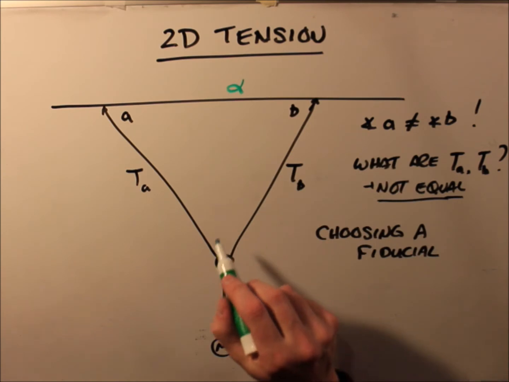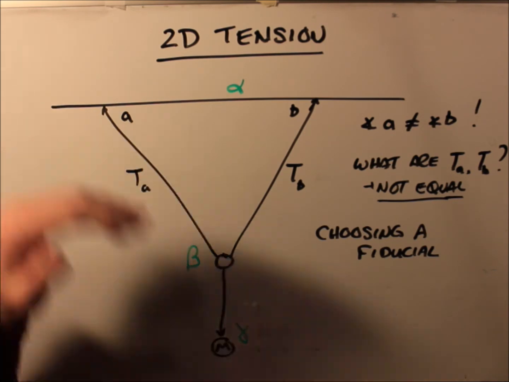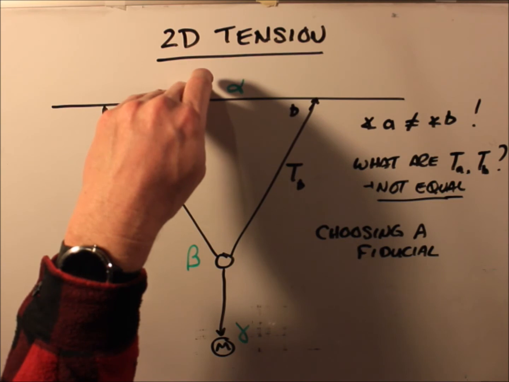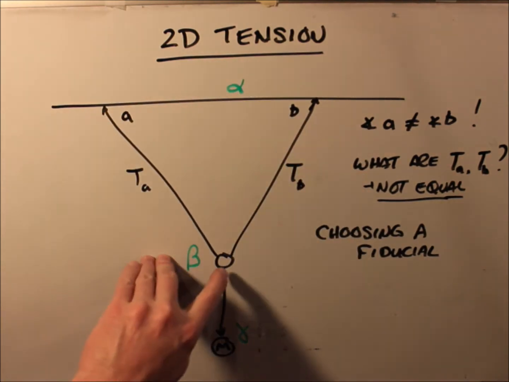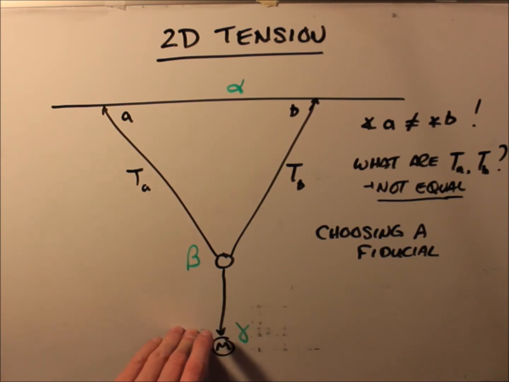We've got alpha, beta, and gamma. So we can choose our reference from the bar. We could choose our reference from the ring, where the different strings connect. Or we can choose our reference from just above the mass.